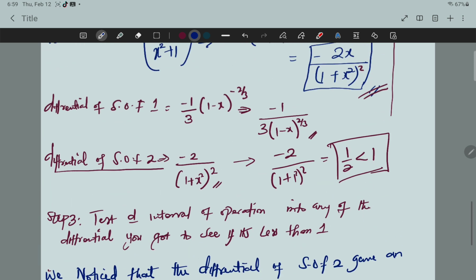If we test 1 in the other differential, you will get an answer that is invalid. You can decide to do that anytime you like. Replace x with 1 here: 1 minus 1 is 0, 3 times 0 is 0, so you're going to be having something like minus 1 over 0. This is an undefined function. This is an error.